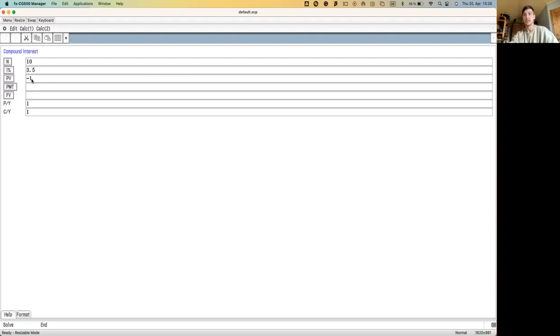So what we're going to put in here is negative 1,000. You can think of it as if you were the bank and you're going to be receiving it, but just make sure that for the next terms that we talk about, you keep the same frame of mind, whether you're coming at it from the perspective of being the bank or being Juliana. I tend to stick with the subject of the question, which is Juliana, and so she is paying $1,000 to the bank at the start.